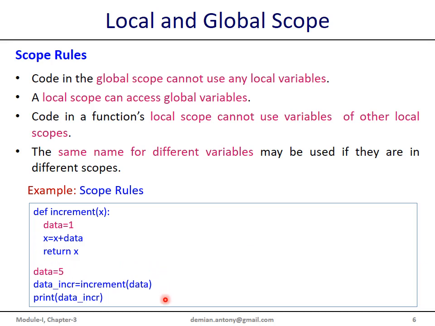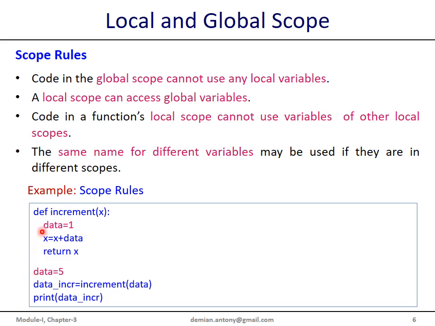This is the global scope, and we have two global variables, that is data and data increment. Observe that we have a global variable data having the same name as the local variable data. This is possible as the data defined within the function is accessible only within the function. The value of this data is inaccessible outside the function.